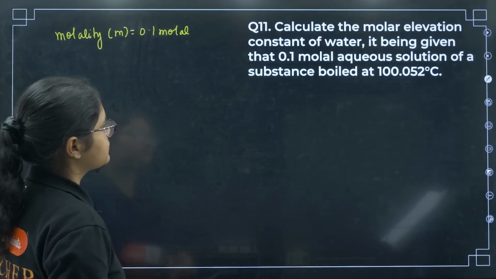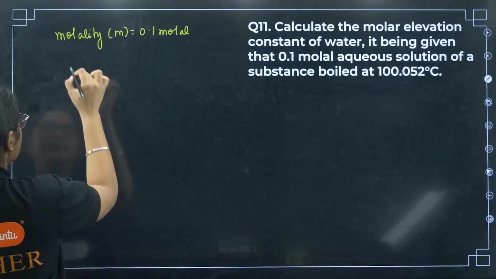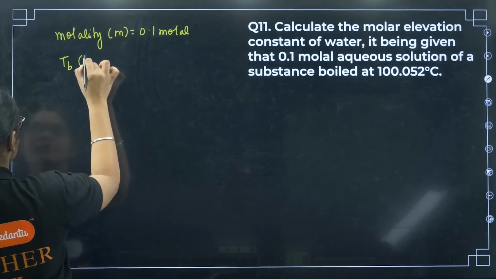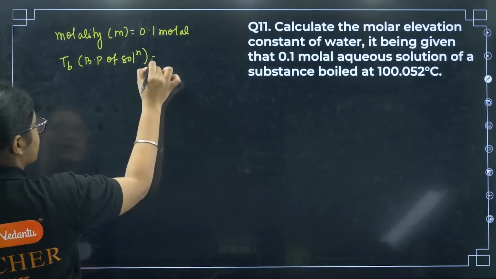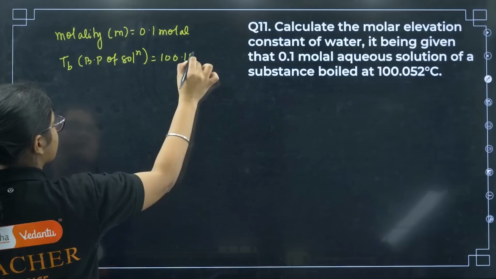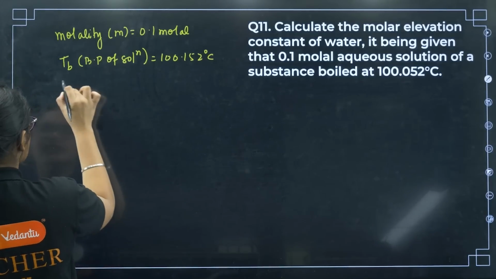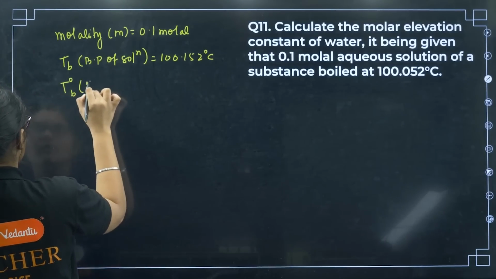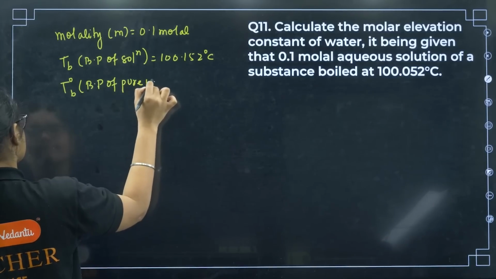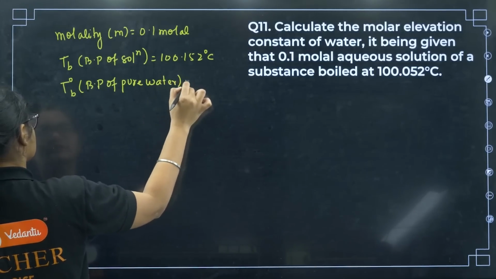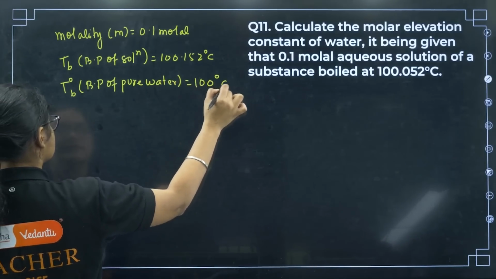Next we have the boiling point Tb of the solution, that is 100.152 degrees Celsius. Then I have T0b, the boiling point of pure water, that is equal to 100 degree Celsius.